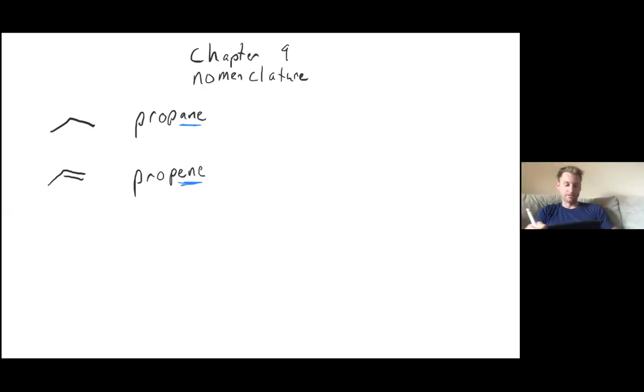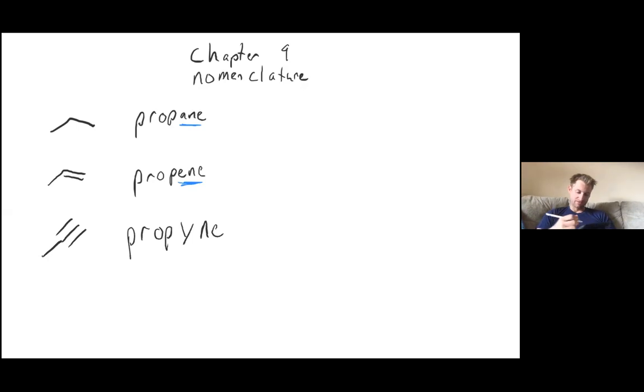And then lastly, as we're doing today, if we have a triple bond, this is going to be a propyne. So it's an alkyne. It's going to have this suffix of y at the end of our naming.